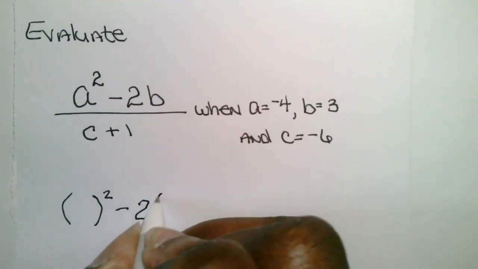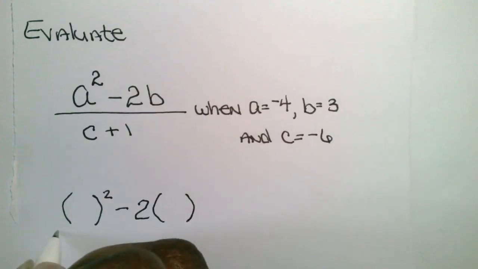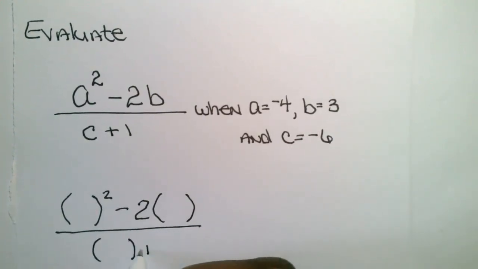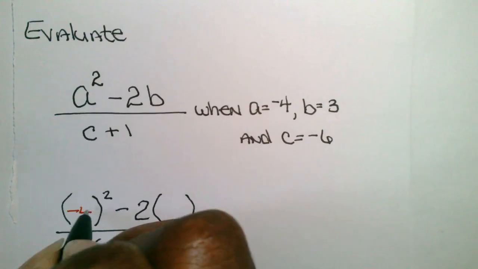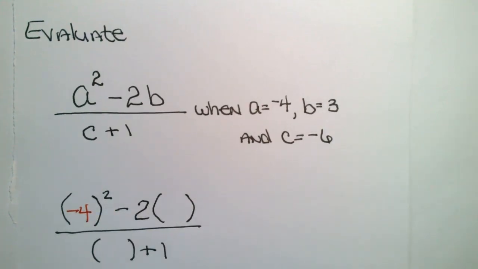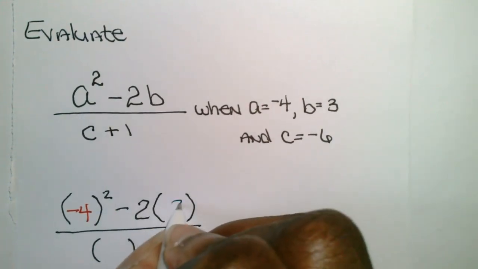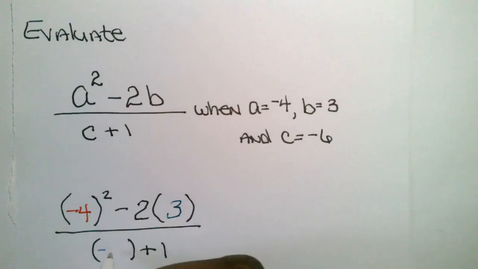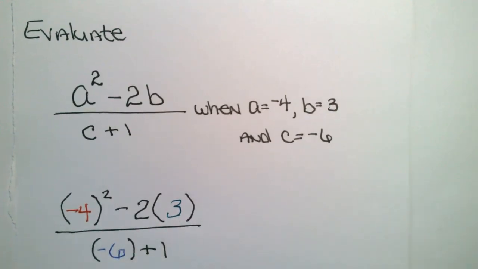Instead of the b, something will be replaced there. And instead of a c, something will replace it. So for the a, we have a negative 4. For the b, we have a 3. And for the c, we have a negative 6.